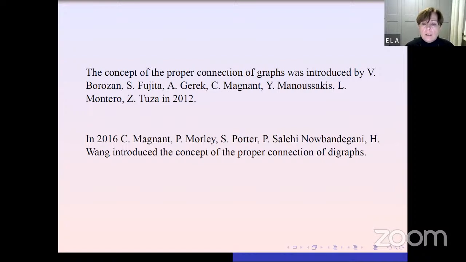It also inspired considering some variants of proper connection number, like strong proper connection and also a vertex version. And then, in 2016, these authors introduced the notion for digraphs. So they defined proper connection in digraphs. And since then, many papers have appeared about proper connection in digraphs.